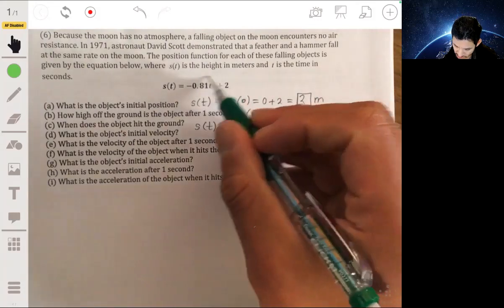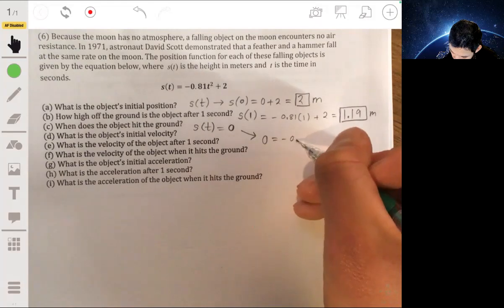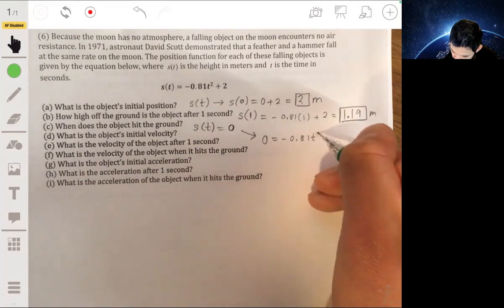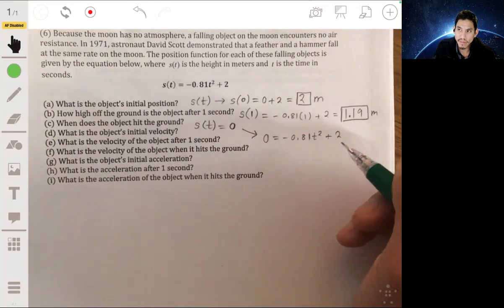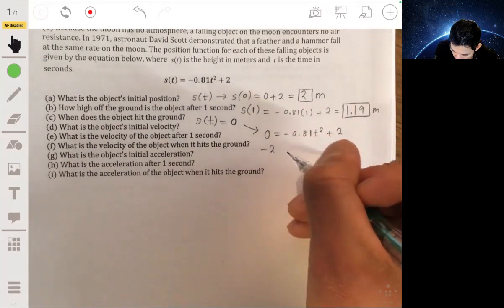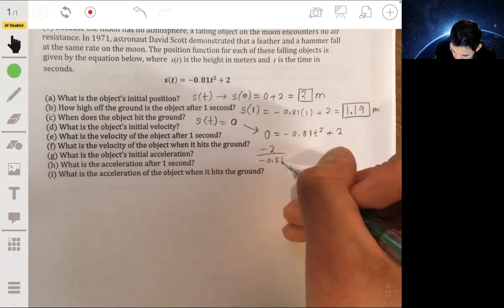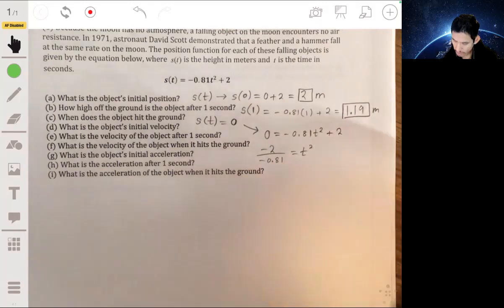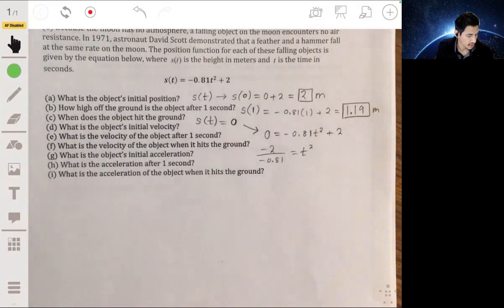So we want to solve for the zeros of this. We set this equal to 0: negative 0.81 t squared plus 2. It's a basic algebra problem. We'll take away 2 and then divide by negative 0.81, and that'll give you t squared. Then we take the square root of this, so let's leave that up to our calculator.